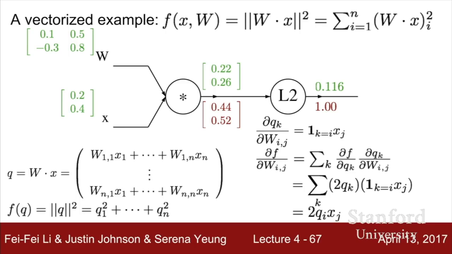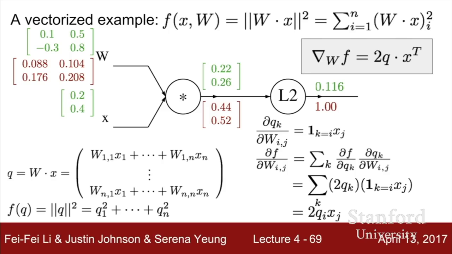So we find the effect of each element of W on each element of q and sum this across all q. If you write this out, this gives the expression 2 times qi times xj. And so filling this out, we get this gradient with respect to W. Again, we can compute this element-wise, or we can look at the expression we've derived and write it out in vectorized form.